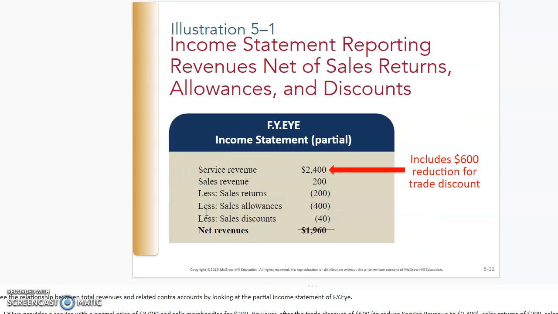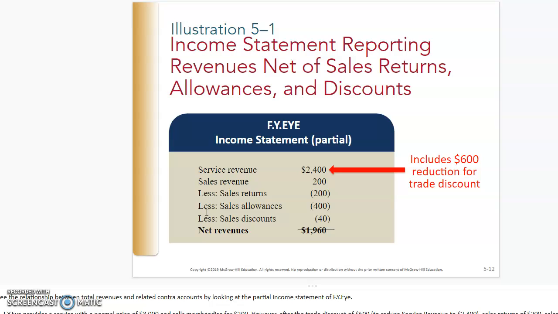All right, here is an example of an income statement, and this one shows service revenue. And earlier in the slides, there was a trade discount, and as you see, they've already taken the trade discount and only shown the net amount. Okay, they also have sales revenue.